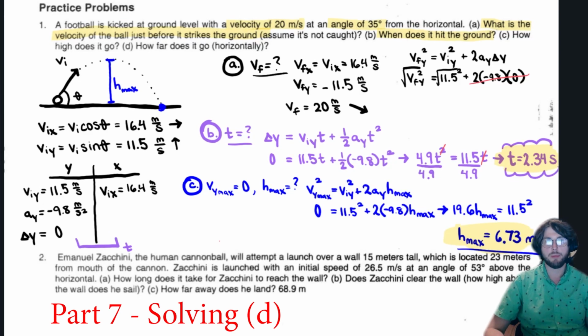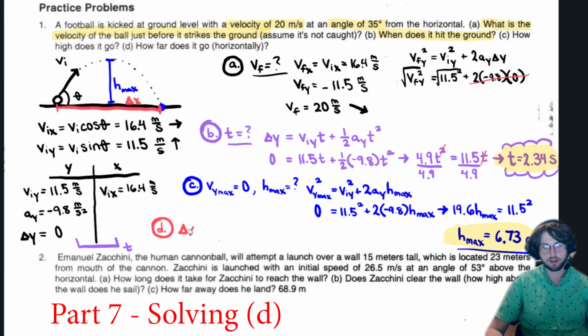Finally, part D is asking how far it goes horizontally from start to finish. So that's, if I'm color coding it in red here, kind of this line from start to finish, which we're going to call delta x. And so down here, we're finally working with the horizontal direction, in which really there's only one equation you can use.